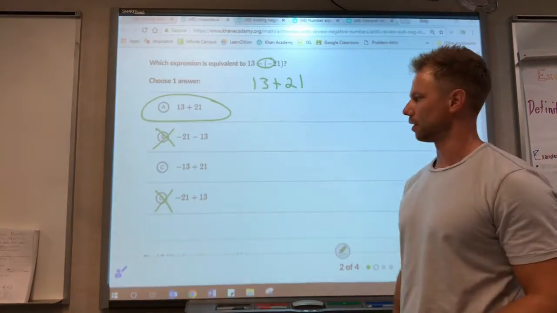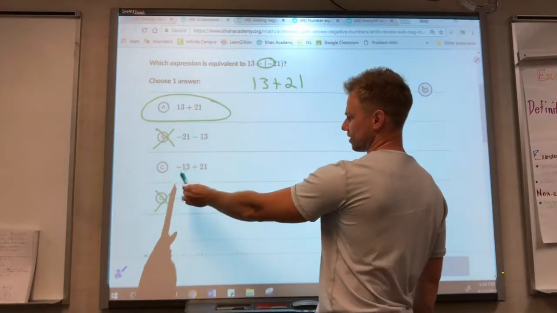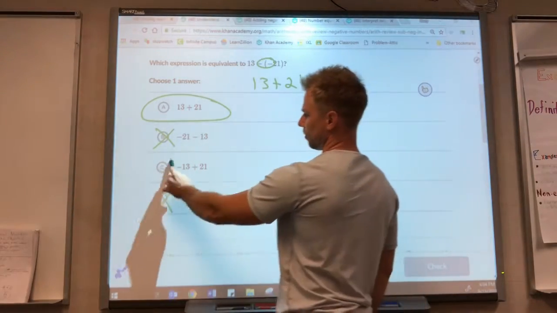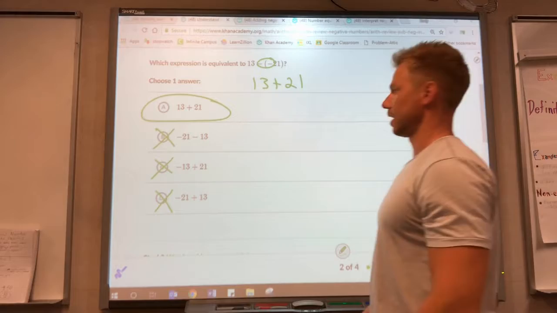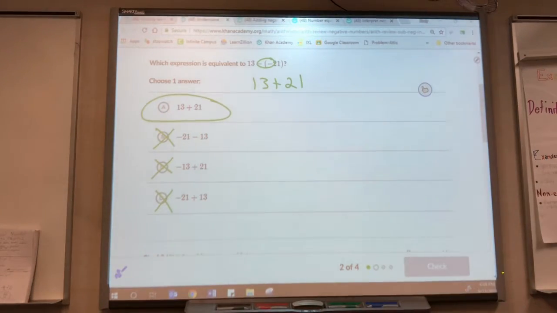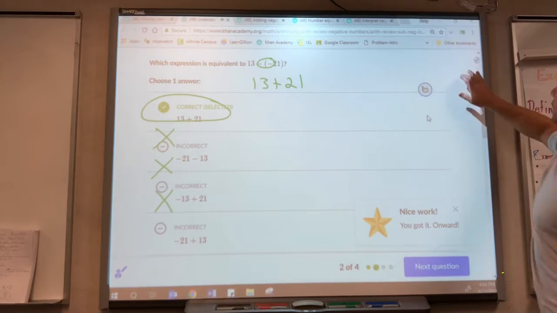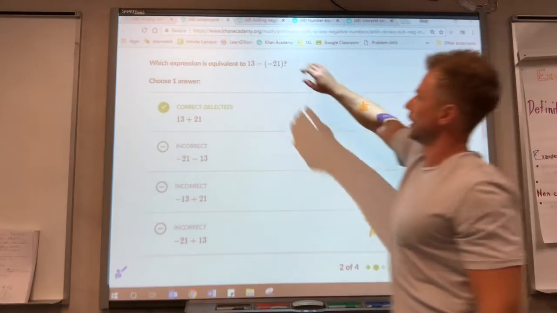Can't switch the order of the numbers. It's gonna give us a different answer. This one has a -13 instead of a +13, so that's not gonna work either. So it would just be A again for this one. All right, we're gonna move on to our next link.